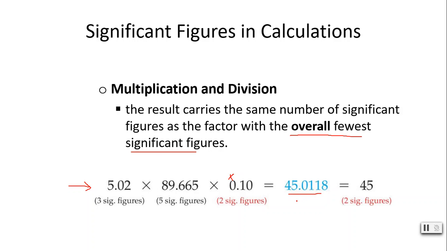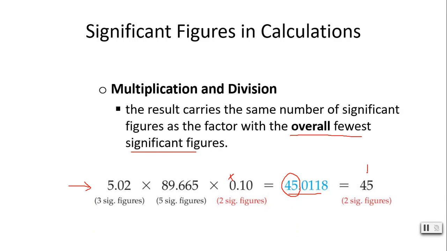But to report your final answer with correct sig figs, remember you have to have the overall fewest sig figs. This has 3, 5, 2. 2 is less than 5 and 3, so my final answer can only have 2 sig figs, which in this case is going to be 45.